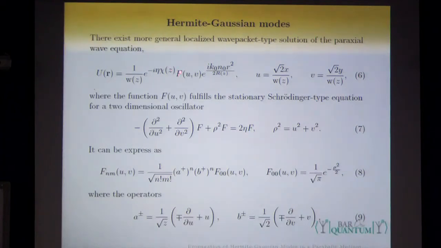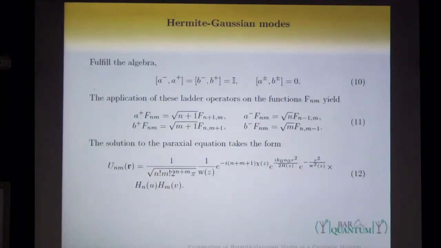We can also find that this function fulfills an oscillator equation. Taking advantage of this form, we propose the factorization of this function in terms of the ladder operator defined in this way.